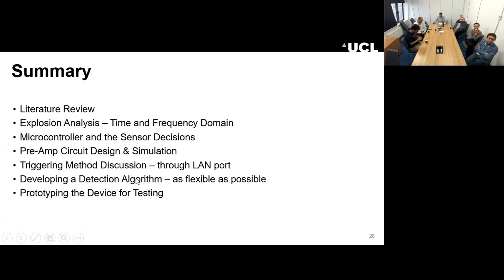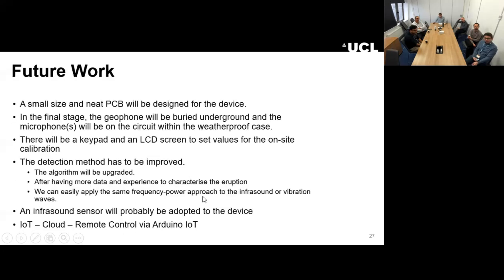We discussed the triggering methods, and the final decision is to do it through the LAN port, so we need to develop a communication method between the computer, which the radar is going to be connected to, and the Arduino. We also developed the detection algorithm, which is quite flexible, and we've built a prototype for testing.